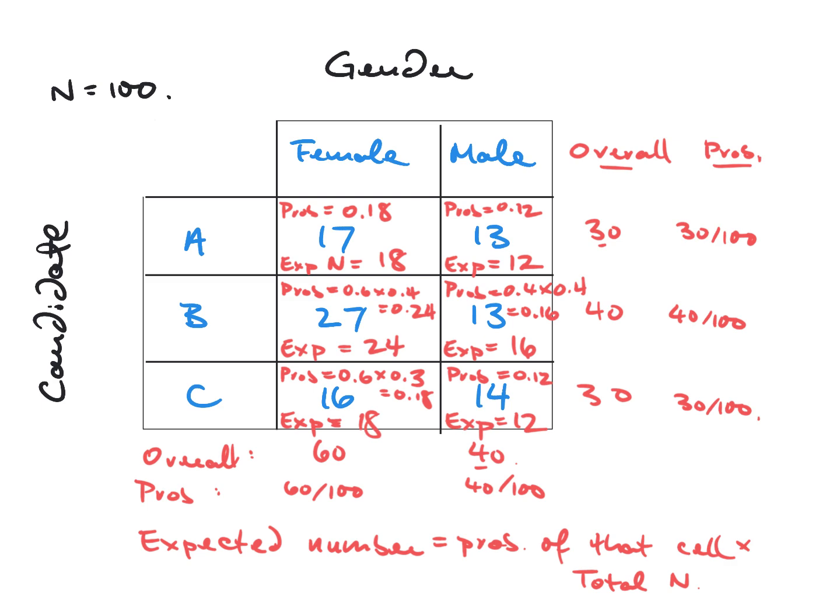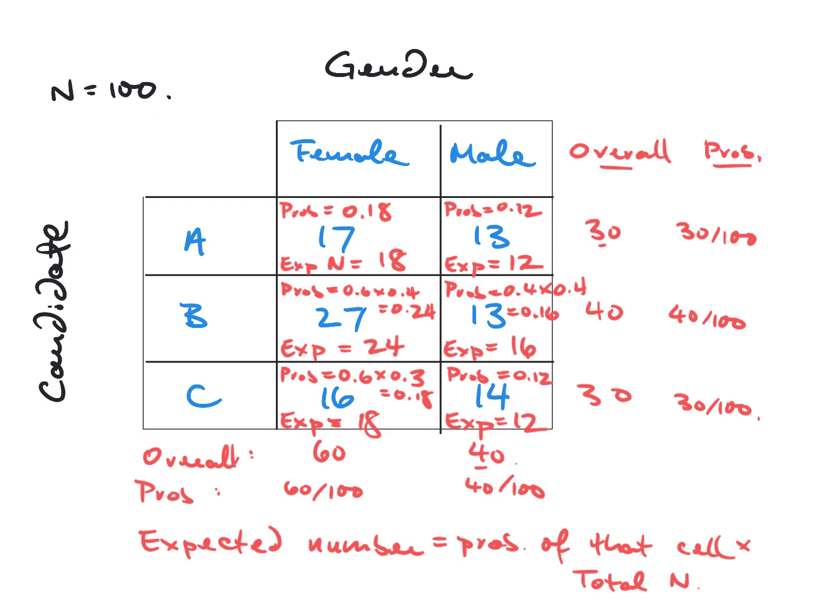Okay, so at this point, we've got an expected number in each category, right? We've got these 6 different categories, and we know how many we would expect to be in each category if the null hypothesis were true. And so it's a matter of using the chi-square test to compare the observed number to the expected number.